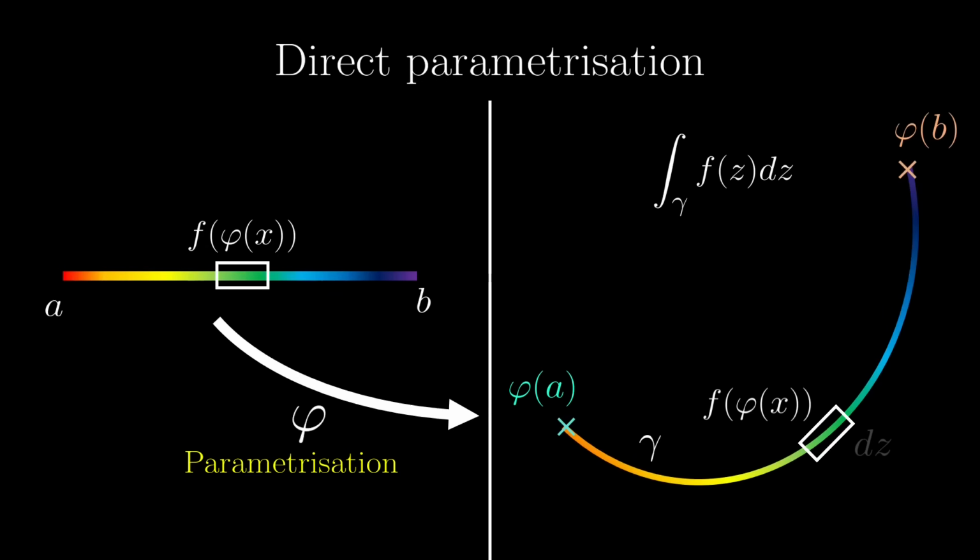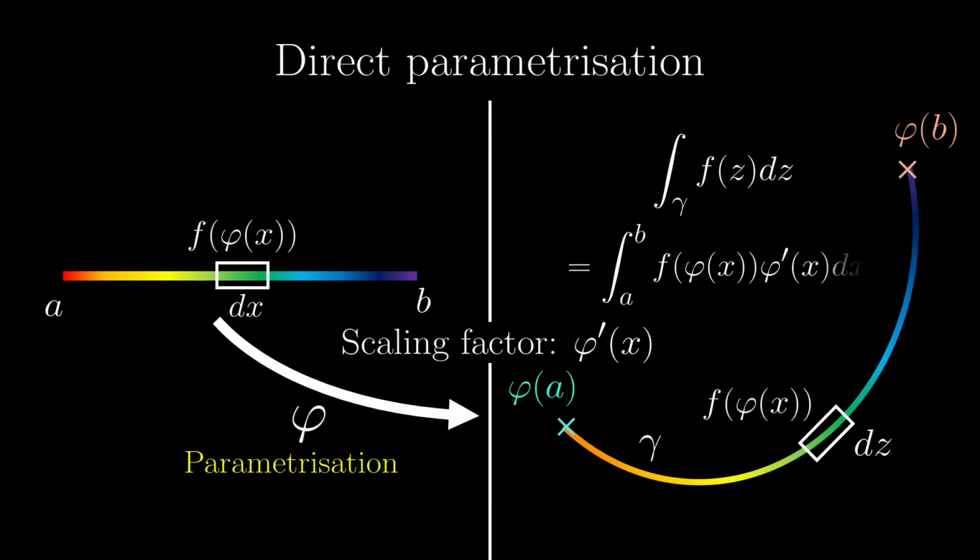The catch is that it is now a complex increment rather than just a real increment in the real case, so we need to scale dx by something to get dz. From the intuition we developed on differentiation, this is precisely the derivative of phi at x.